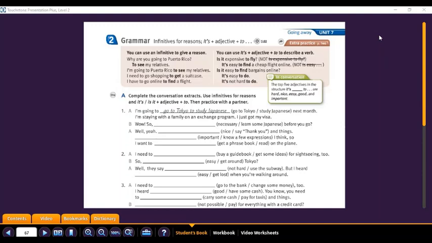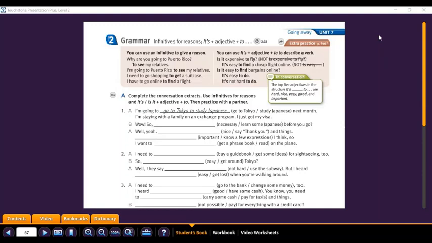Por ejemplo, si decimos, es difícil encontrar un empleo: it's hard to find a good job. Estamos describiendo el verbo to find, que es encontrar, con el adjetivo hard. Es difícil encontrar. It's hard to find a good job. ¿Ok? ¿Hay alguna duda hasta aquí?